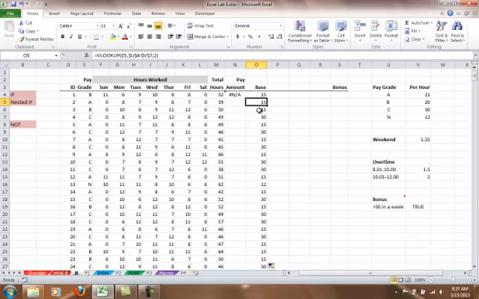Right, pay grade A should be more than $15 an hour. B was right. So what's going on here? Well, what it turns out, and it's the same reason why this is causing problems over here, is if you look at B itself, it's not just B in that cell.